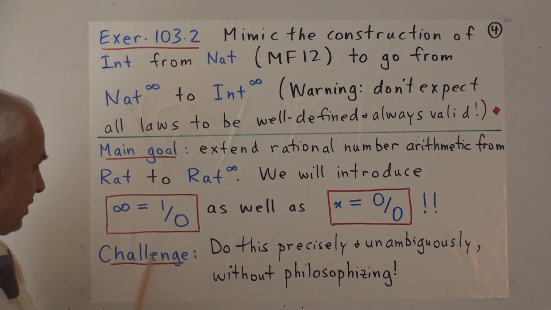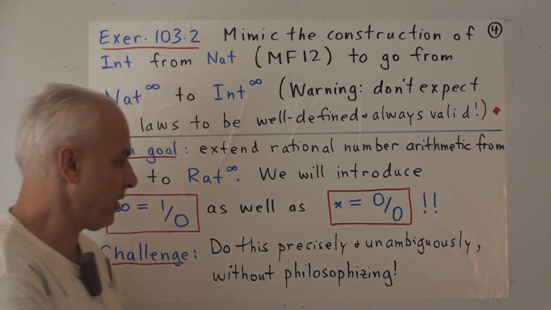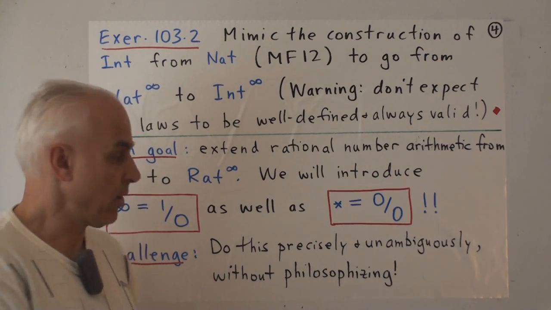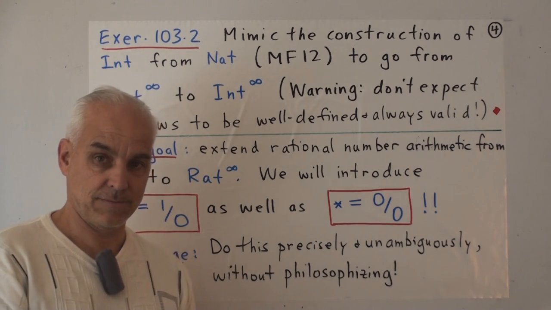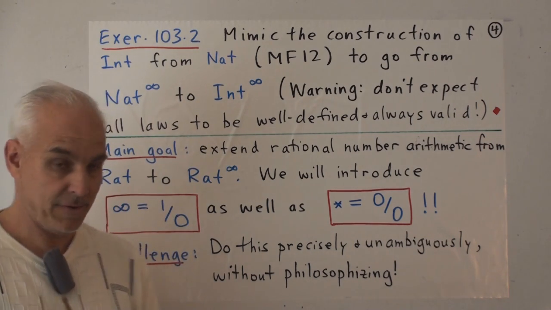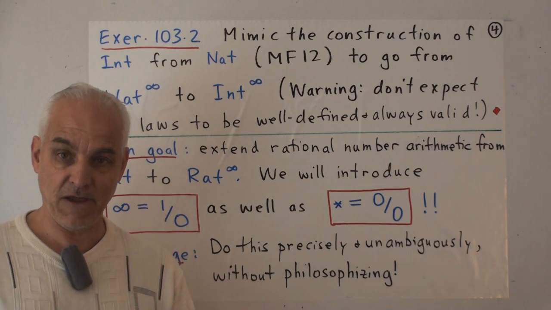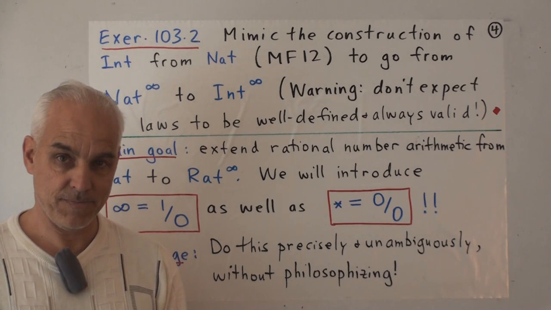And we're going to introduce a new symbol, infinity, which is going to be written 1 over 0. And we'll also see that we're going to have need of another symbol, which we'll call star, which is 0 over 0. So we're going to try to set something like this up, and these are two objects that are necessarily going to figure in this story.